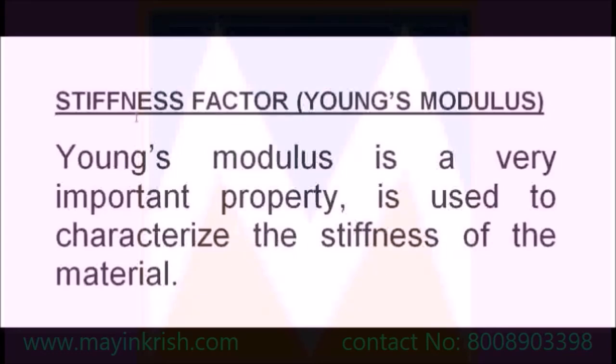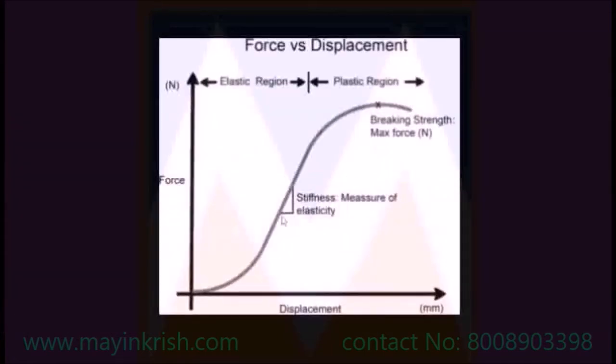Both are majorly defined to describe the behavior of materials. We should not consider it a spring constant, because the spring constant differs from the stiffness in a few things.